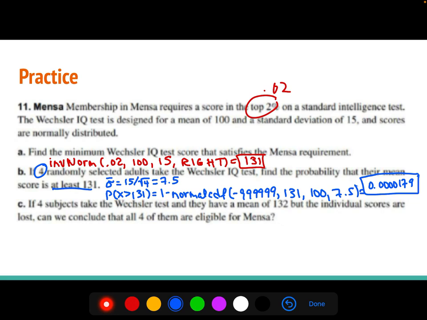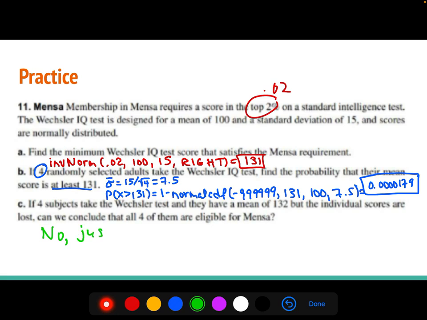So if 4 subjects take this test and they have a mean of 132, but the individual scores are lost, can we conclude that all 4 are eligible for Mensa? Heck no. Just because their mean is 132, not all of them meet the 131 score requirement.